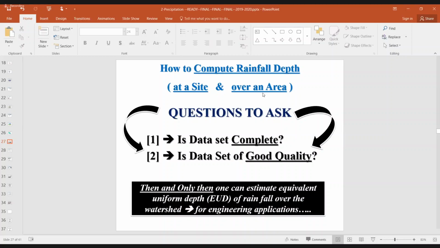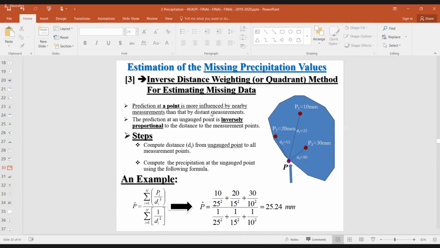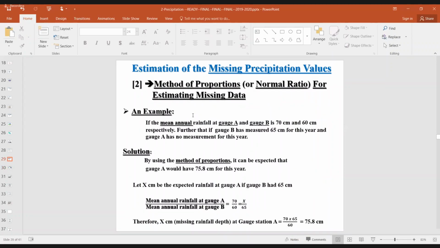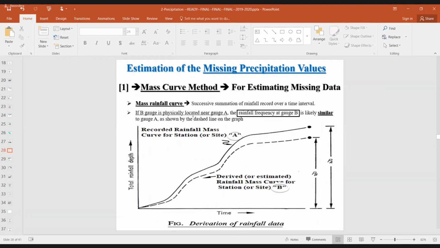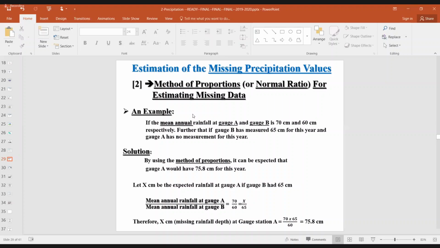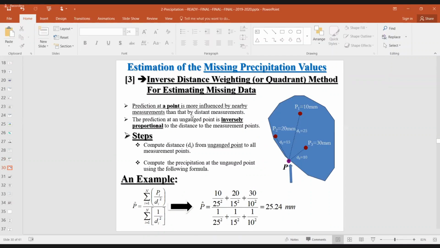So once we know that our data has been completed using these few methods that we discussed, the Masker method, the method of proportion, also known as the normal ratio method, and the inverse distance or quadrant method.